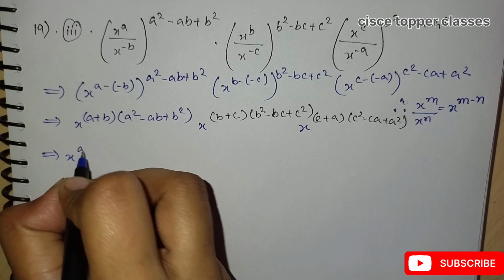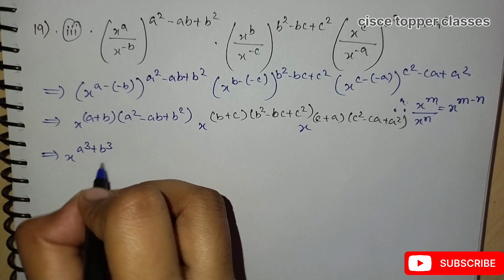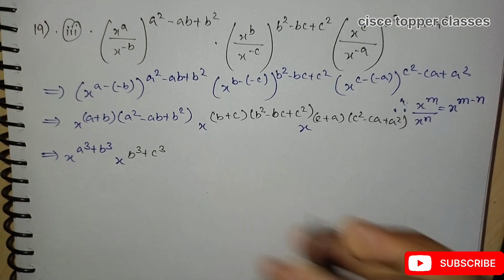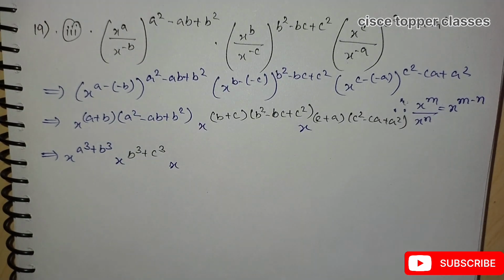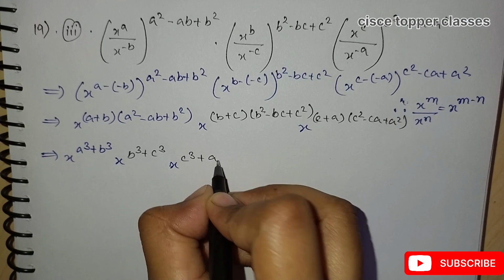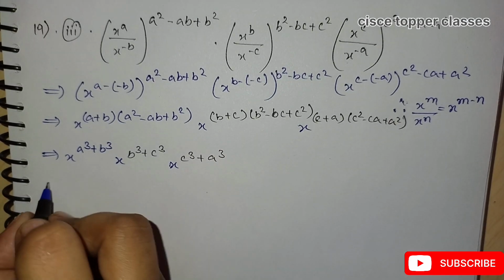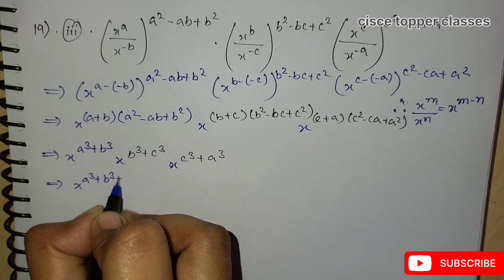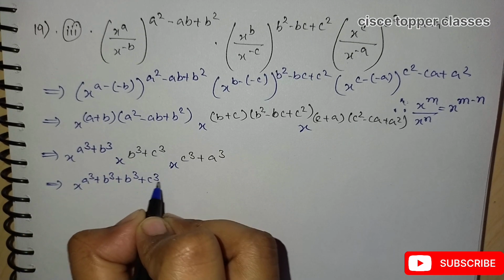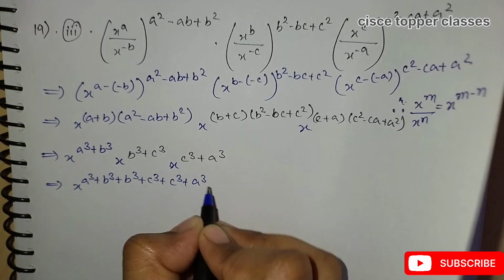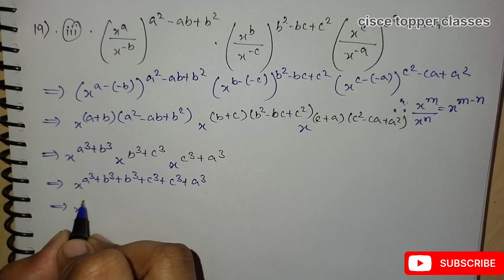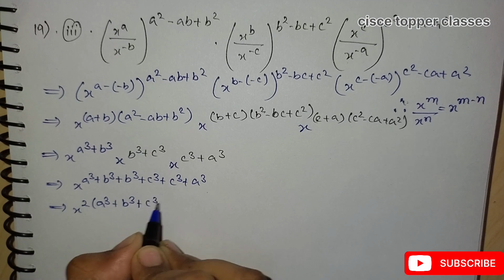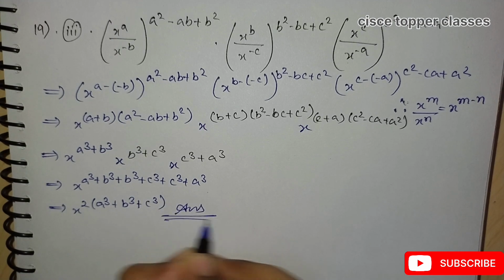So it will be a cube plus b cube, here b cube plus c cube, and here x as c cube plus a cube. Now we can add this because the base is same. So x is a cube plus b cube plus b cube plus c cube, again c cube plus a cube. So we can write this as x to the power 2 as common, a cube plus b cube plus c cube, as the final answer of this question here.